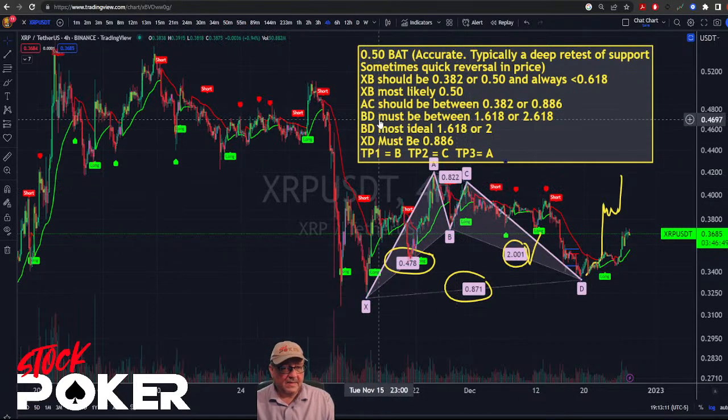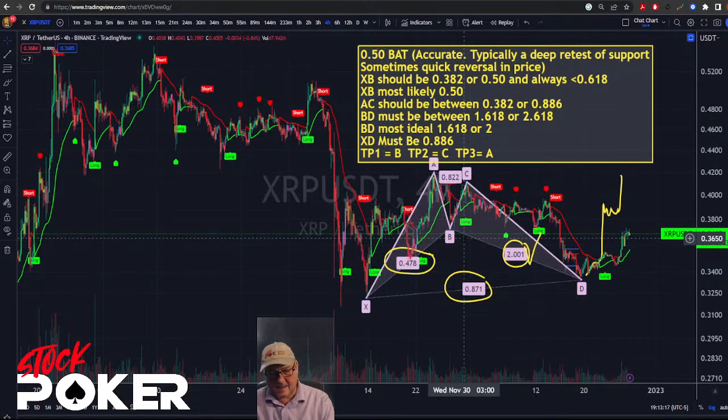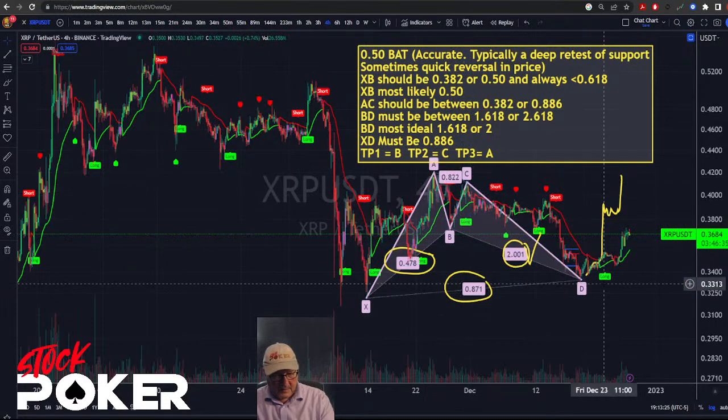And then the BD leg. Again, when I'm calling it a leg, it's incorrect to call it a leg. It's the 2 points. It's really the retrace of the BC, the CD.